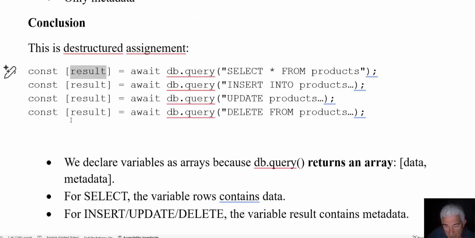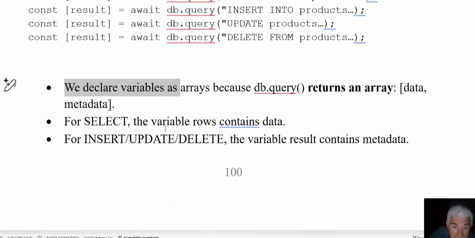But if we code rows, again we see result. We declare the variable as an array because db.query returns an array: data, metadata. For select, the variable rows contains data. For insert, update, delete, the variable result contains metadata.